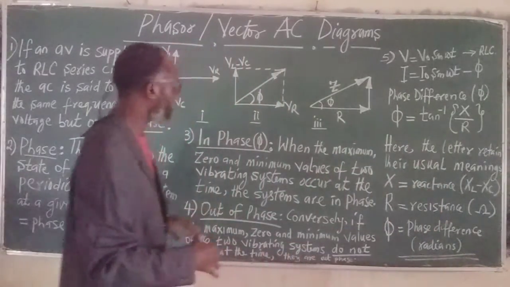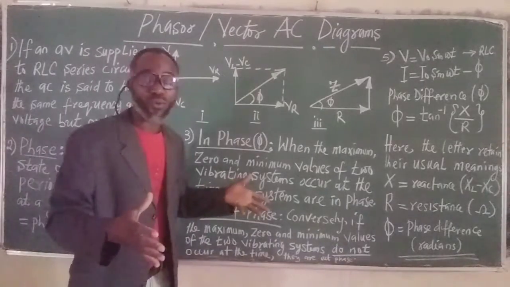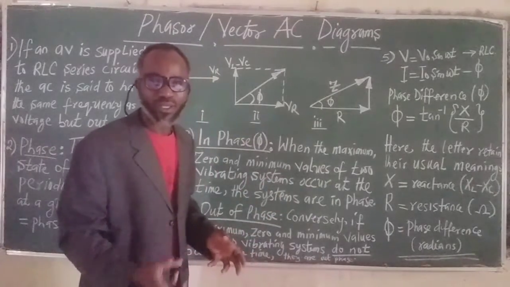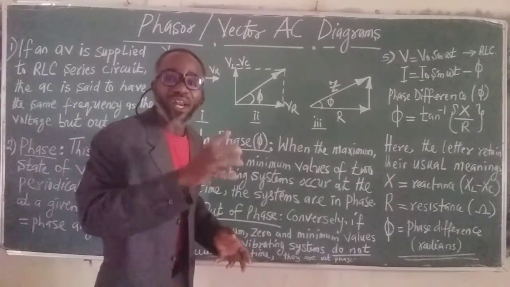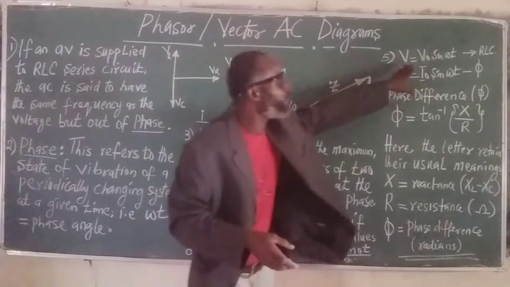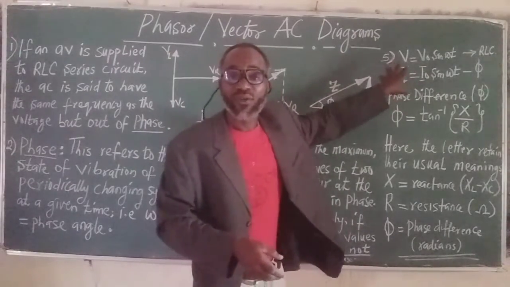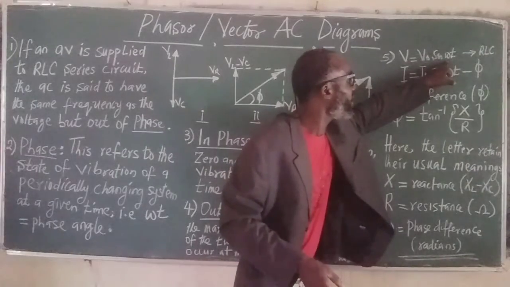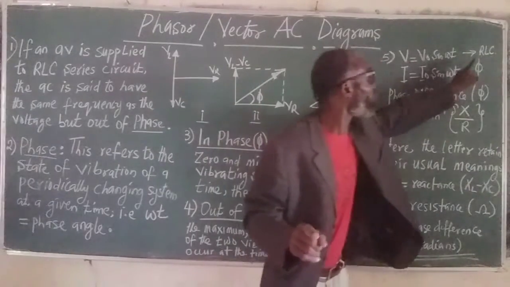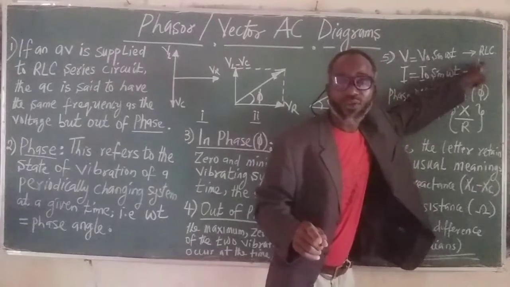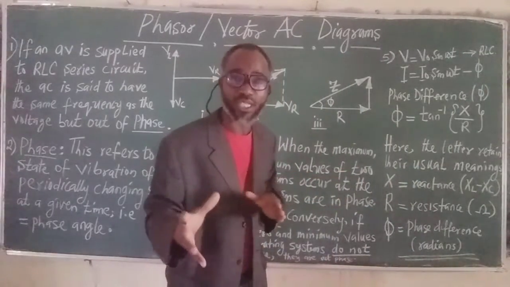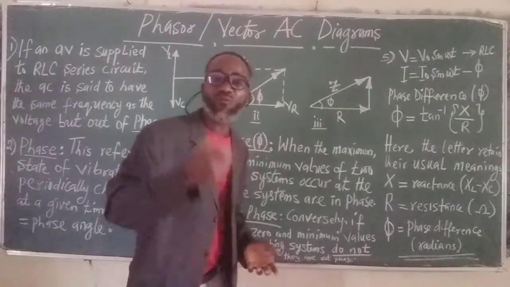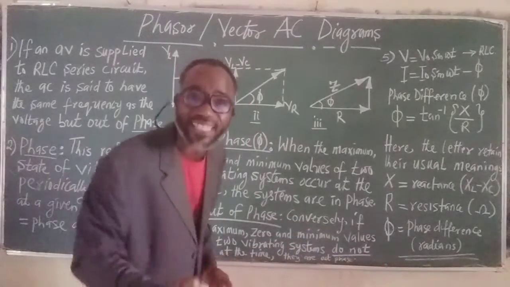Now let's take it up once again. Of course, we know that in an RLC circuit, a varying voltage is always supplied. And that varying voltage is represented by V equals V naught sine omega t. Now, an alternating voltage will produce an alternating current.